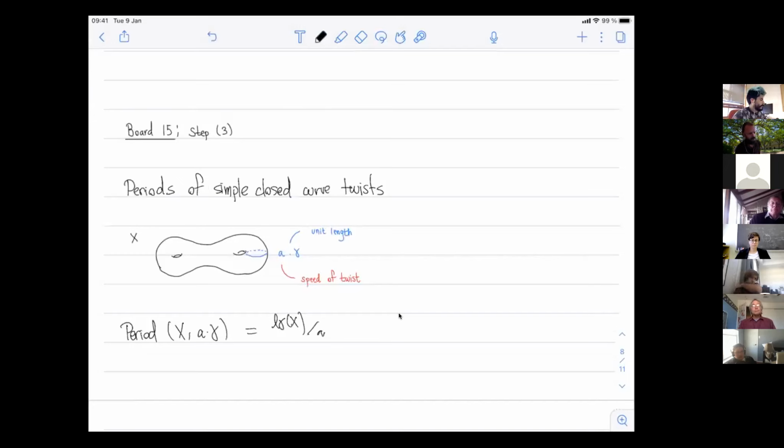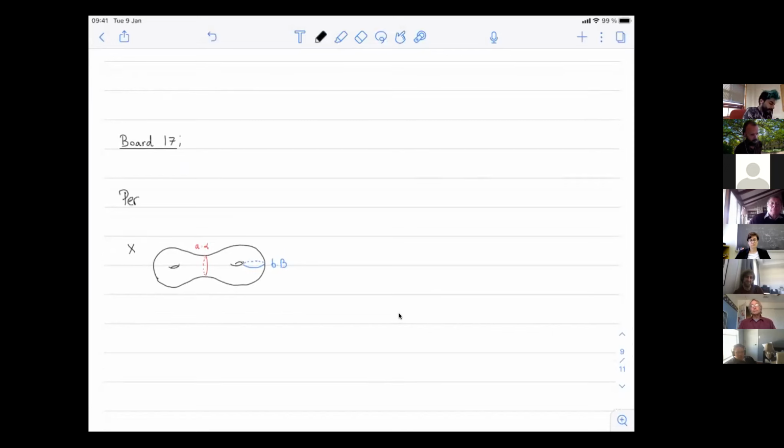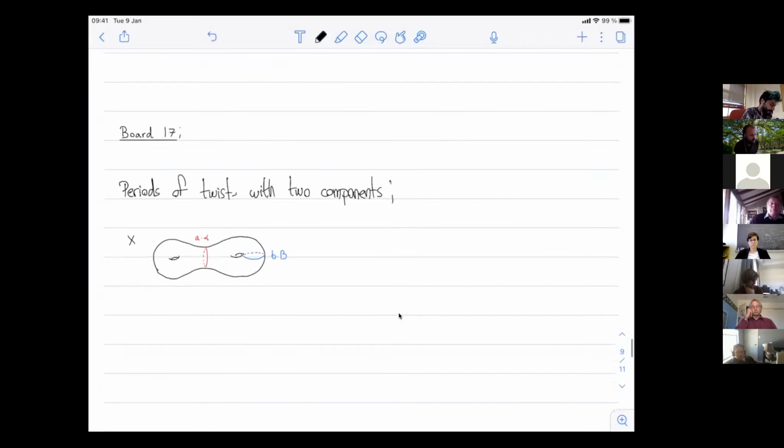I claim that it's equally easy to compute periods of curves with two components. So maybe let me skip to this picture. This is periods of twists with two components. So what's the period of x comma a alpha plus b beta?